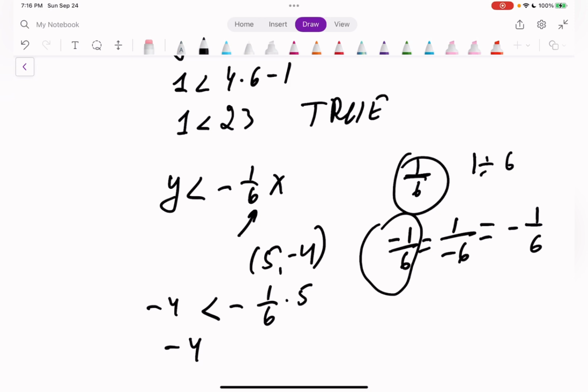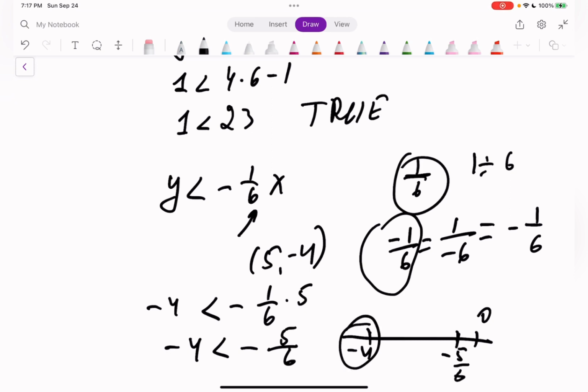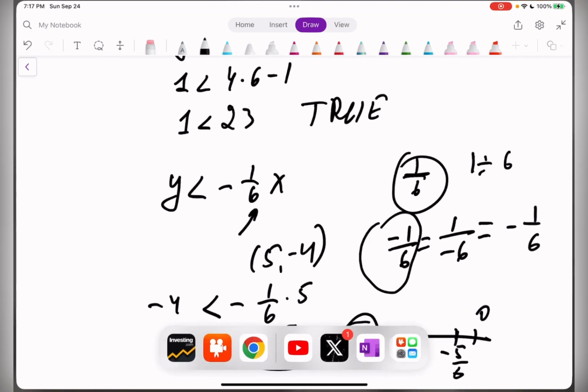So I'm getting negative 4 less than negative 5 over 6. Okay, negative 5 over 6 is greater than negative 1, right? So it's going to be close to negative 5 over 6. And negative 4 is somewhere here. For negative numbers, the number to the left is smaller than the number to the right. So it's a true case. So I'm going to shade.